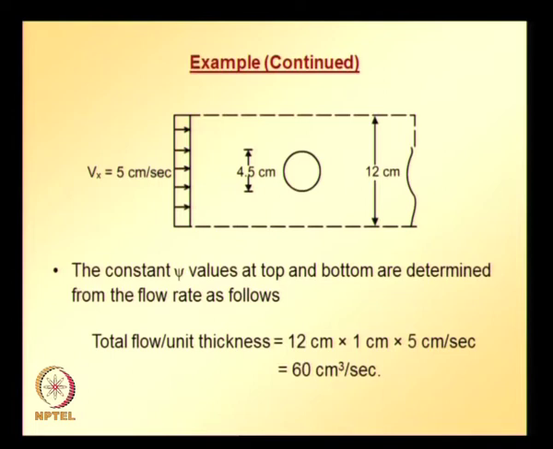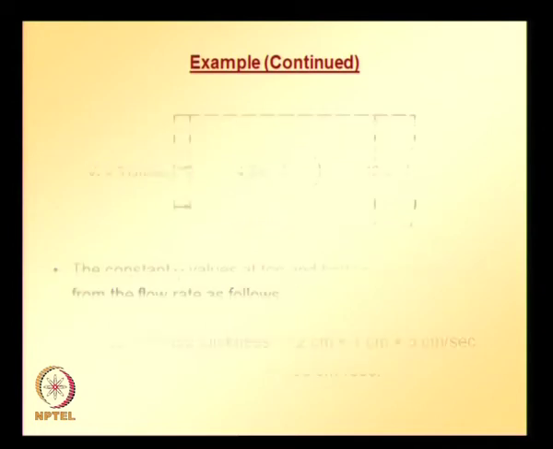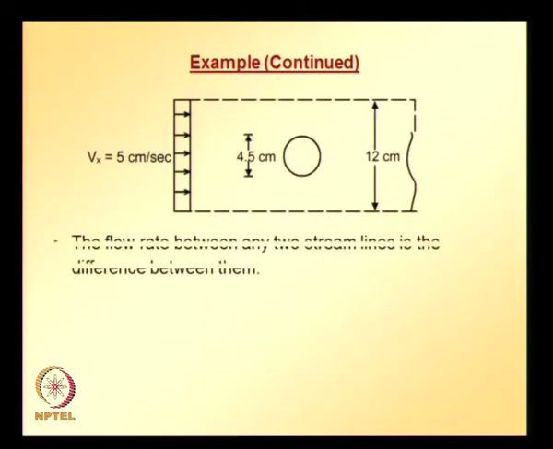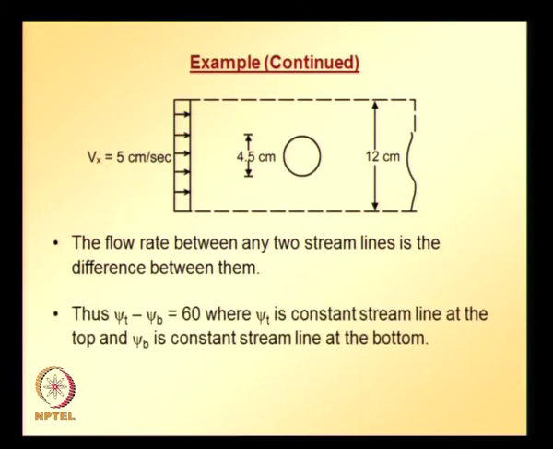So, the difference, that is psi t minus psi b, is 60 centimeter cube per second. So, the flow rate between any two streamlines is the difference between them.